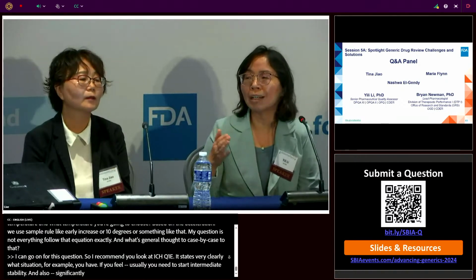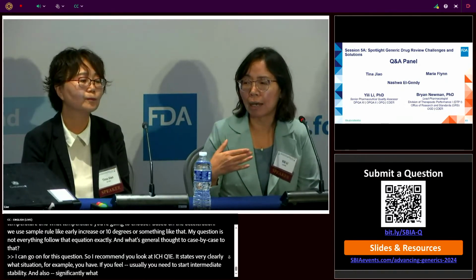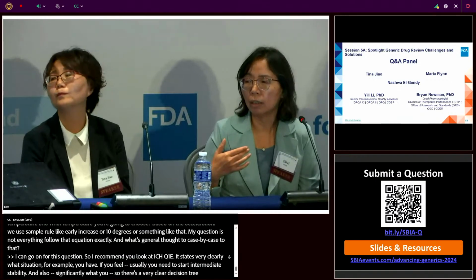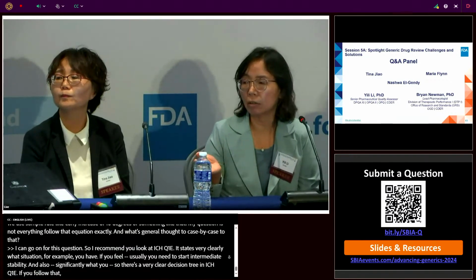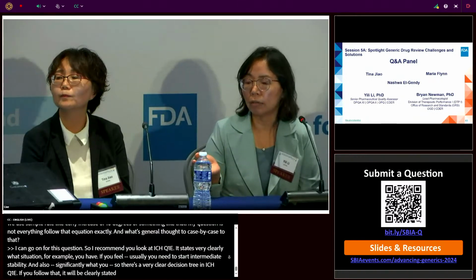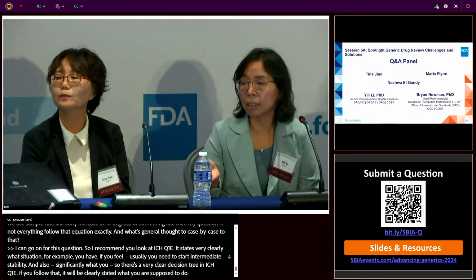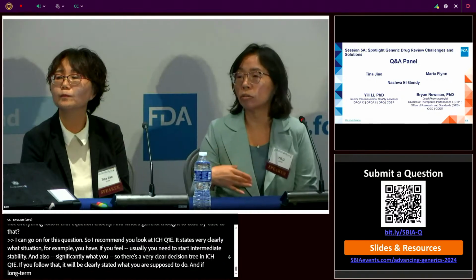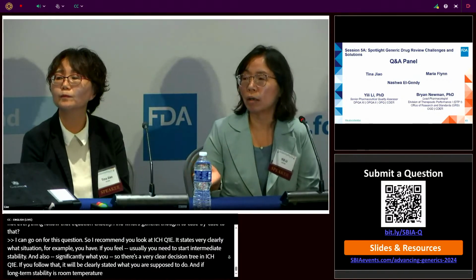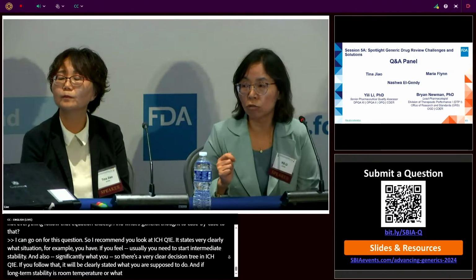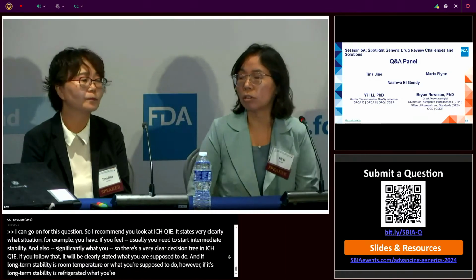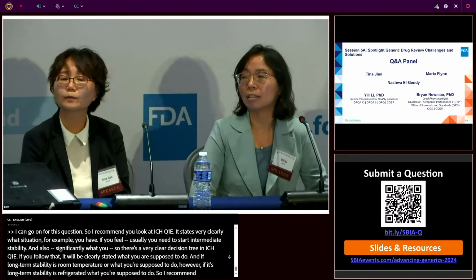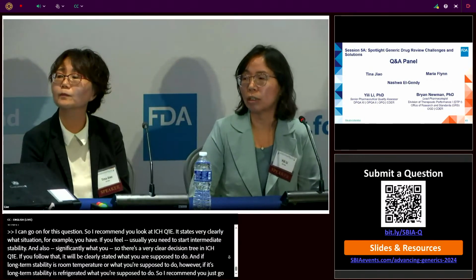So there's a very clear decision tree in ICH Q1E. If you follow that, it will be clearly stated what you're supposed to do. And if the long-term stability is room temperature, what you're supposed to do. However, if the long-term stability is refrigerated, what you're supposed to do. So I recommend you just follow the decision tree in ICH Q1E.